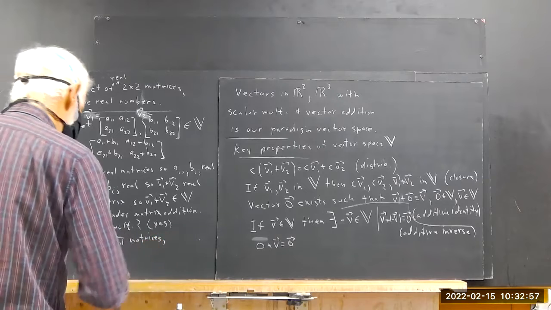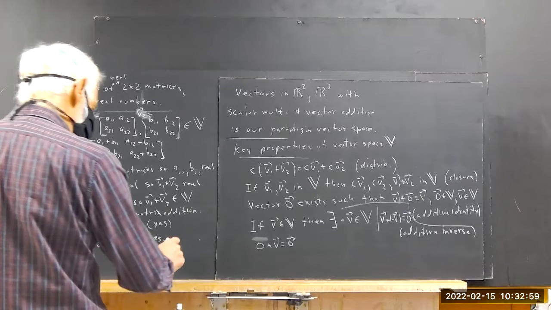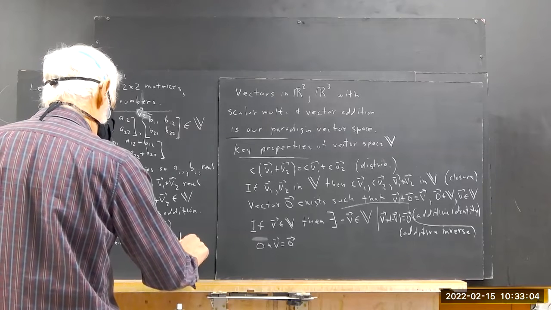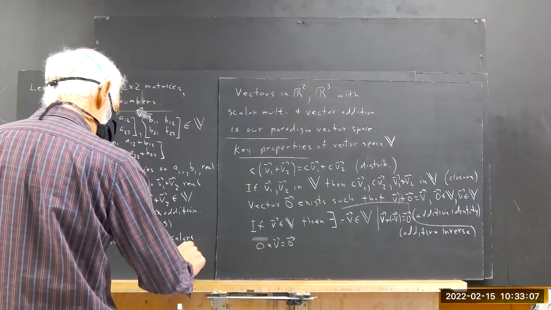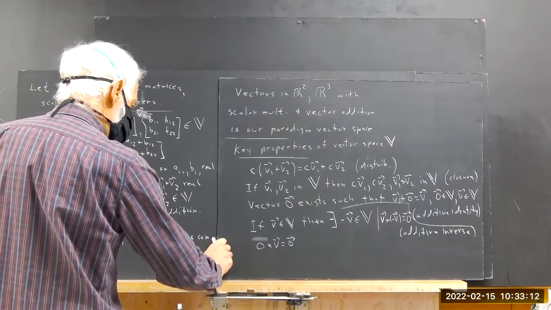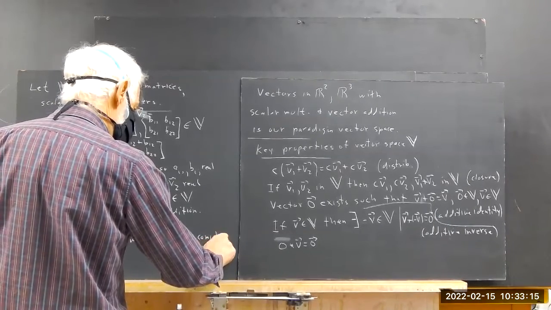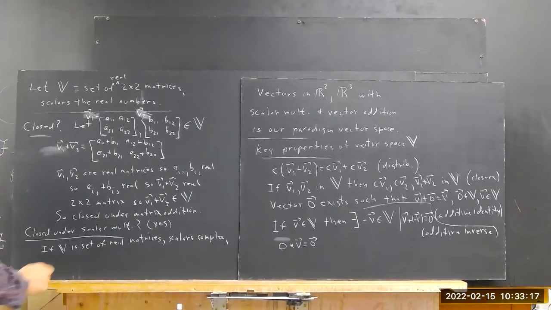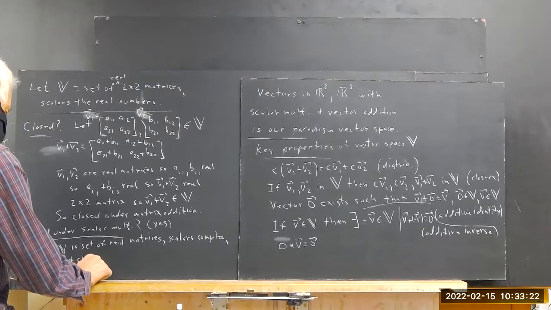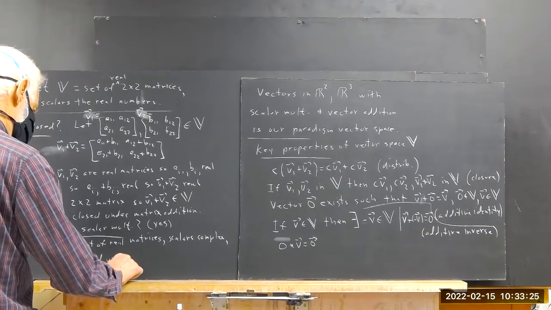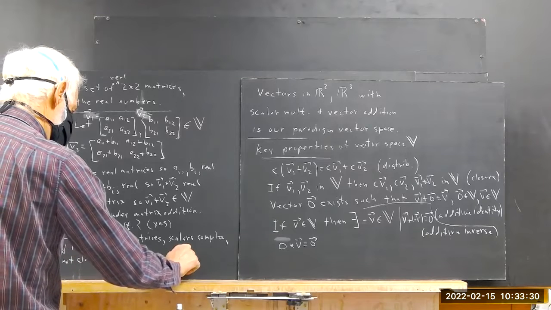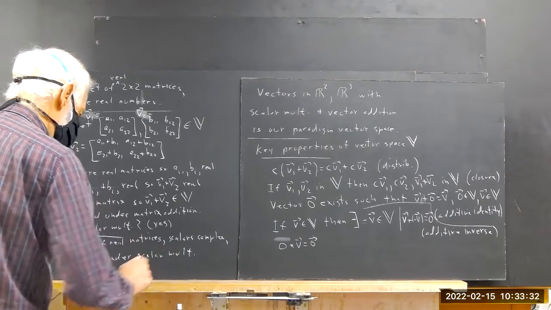If these are real matrices, and you have scalars that are complex, this is not closed under scalar multiplication.